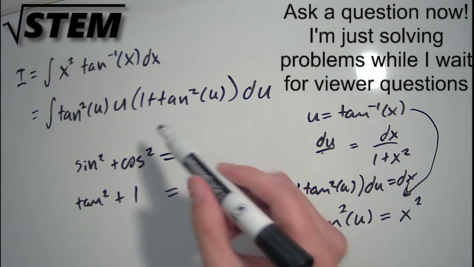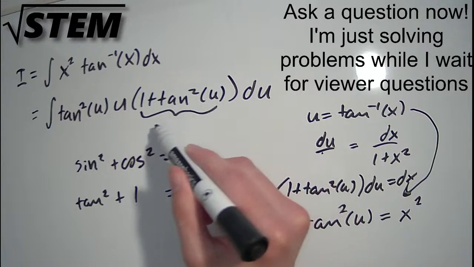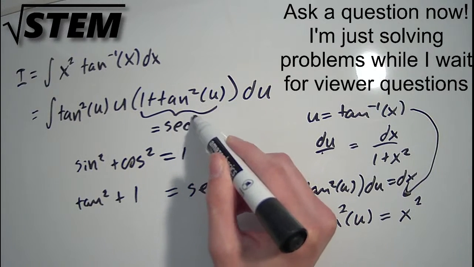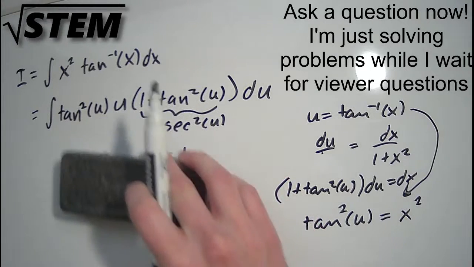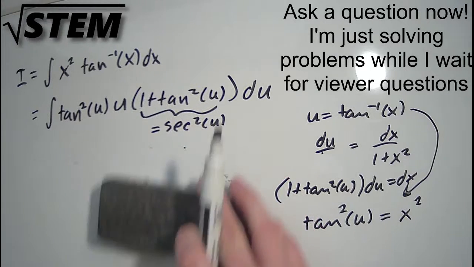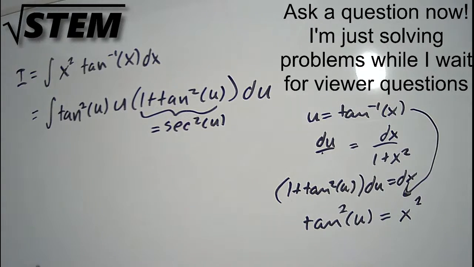So this is equal to secant squared of u, so tangent squared times secant squared times u.